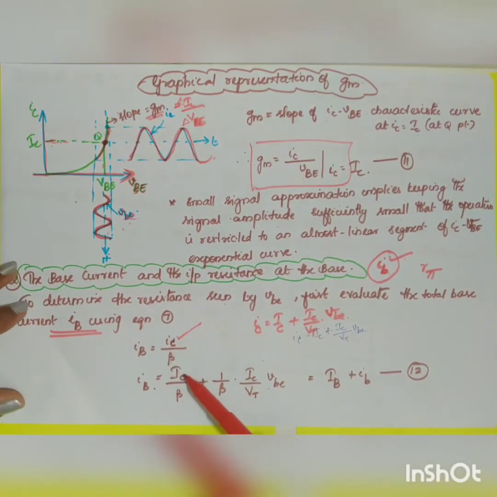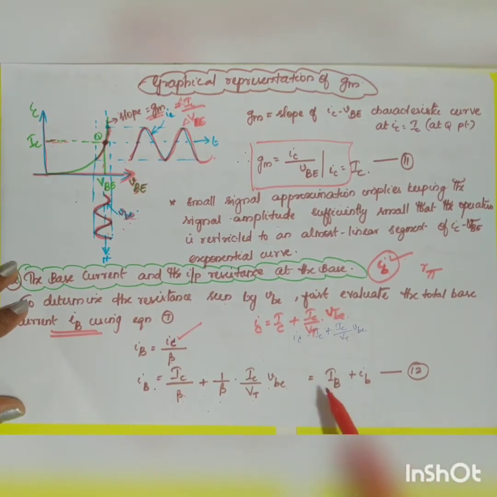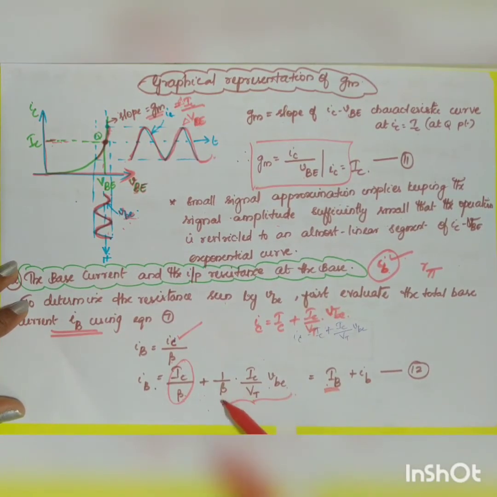Here you have a beta, right? IC divided by beta plus 1 by beta into IC by VT into VBE. IC divided by beta will be equal to capital IB, and your 1 by beta into IC by VT into VBE is replaced by small ib.